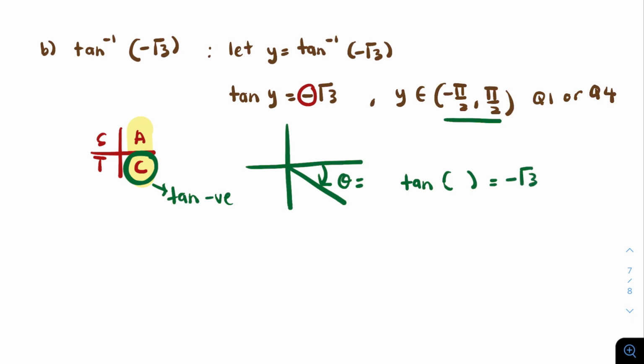This one will give you negative 60 degrees. Very good. So negative 60 degrees. So your y, you put in terms of radians. Negative 60 degrees will give you negative pi over 3. So that's how you answer. Again, you have to play around with your special angle and your exact value, just to make sure you are having the correct answer.